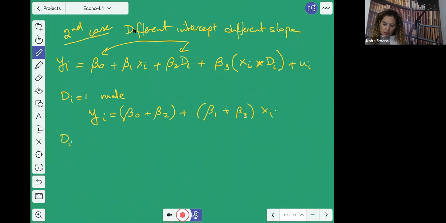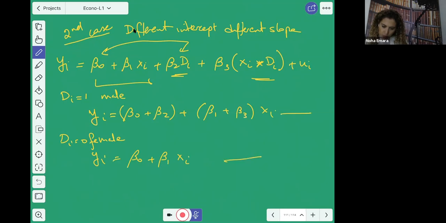Now if di is equal to 0, I get the female regression, and it's easier when I plug in 0 because everything that has a di is gone. I'm left with just this part, so yi is simply equal to beta 0 plus beta 1 xi. I want to compare this one versus this one.